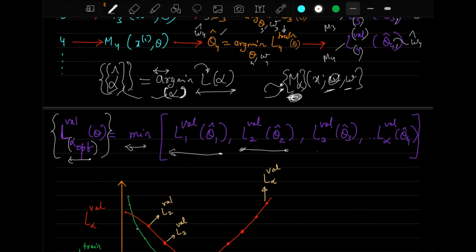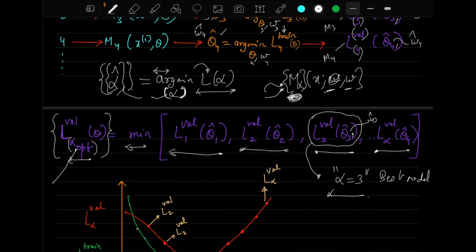Whatever these terms are, we have to select the minimum value out of these, and that will give you the alpha optimal. So let us say for this particular example, if L3 validation of theta 3 hat, and please note it will be w3 hat also here, comes out to be minimum, then we will say alpha equal to 3 is our best model.